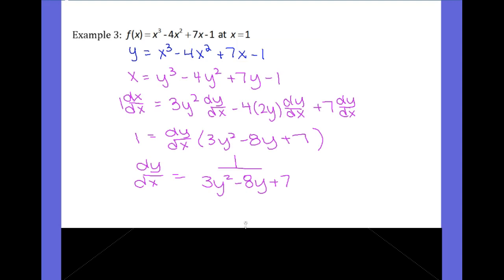So the question says f of x equals x cubed minus 4x squared plus 7x minus 1 at x equals 1. So what do I need to be able to plug into this? I need the, what letters are these? Y. So I need to plug 1 in to get y.